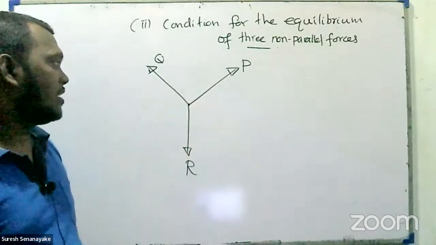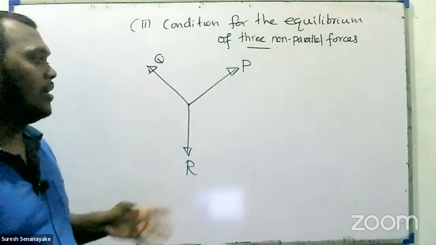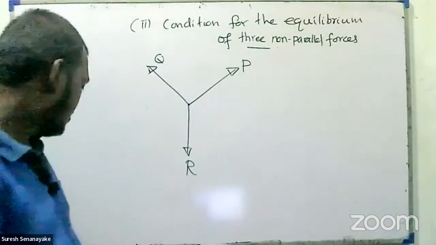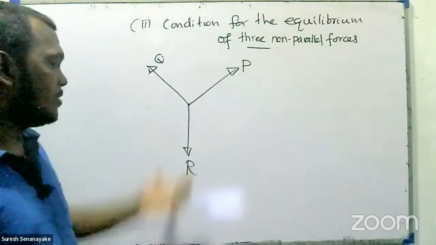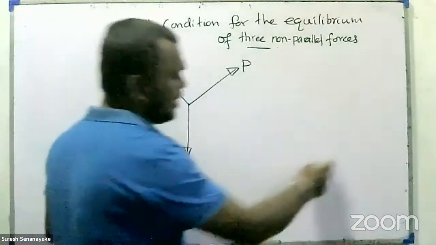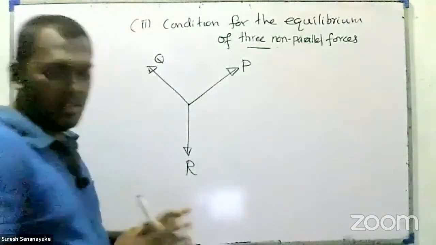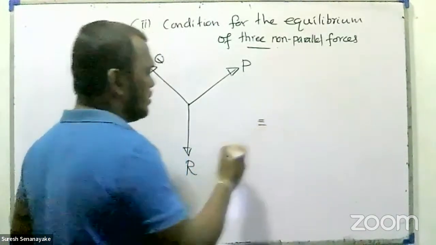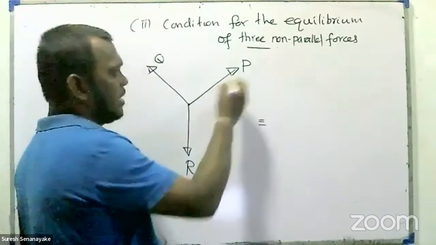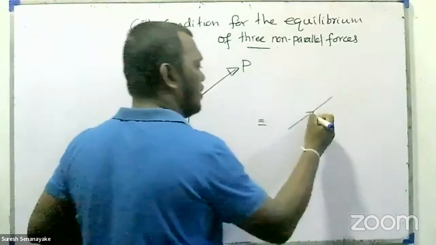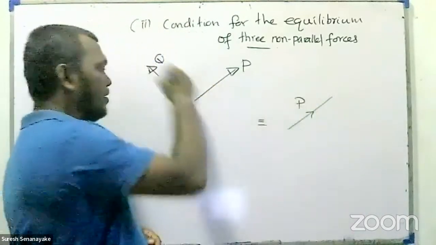And the last condition is that these three forces can be represented along the sides of a triangle in their magnitudes and directions. This is the triangle of forces. So how can we draw the triangle? Let's say the force P starts from the point, and we draw P in this direction, and Q in this direction.